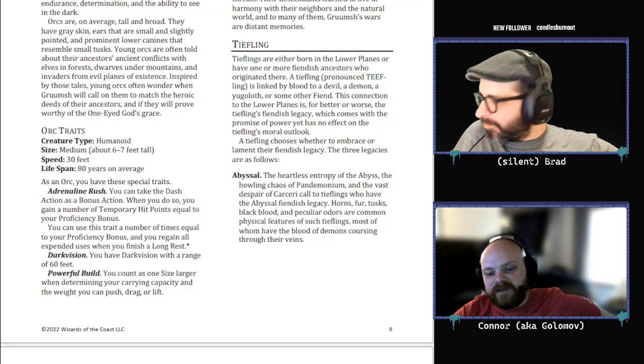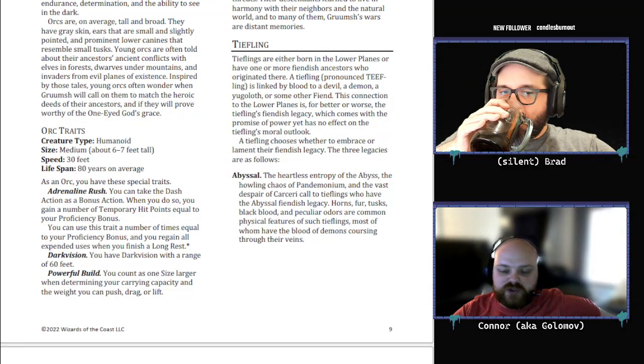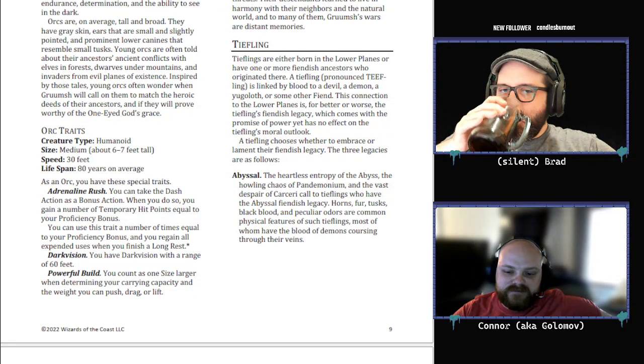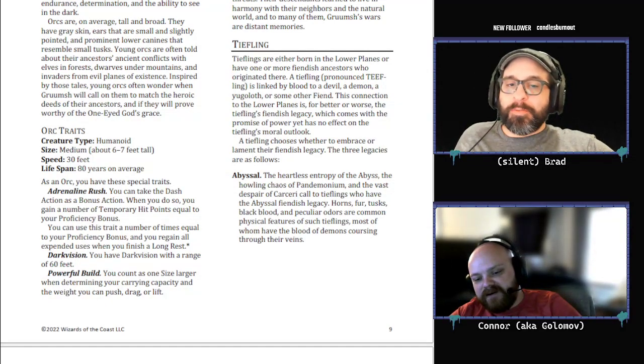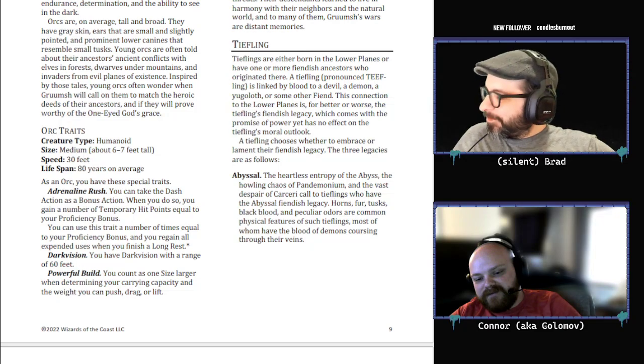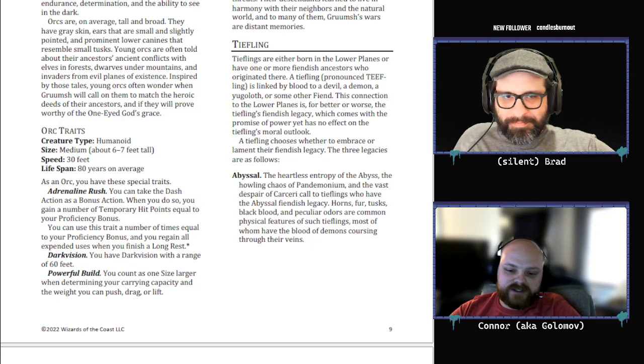But that's just silly to me, because orc culture is tribal. As far as I understood, orc culture has always been tribal. It's always been the strongest leads, right?